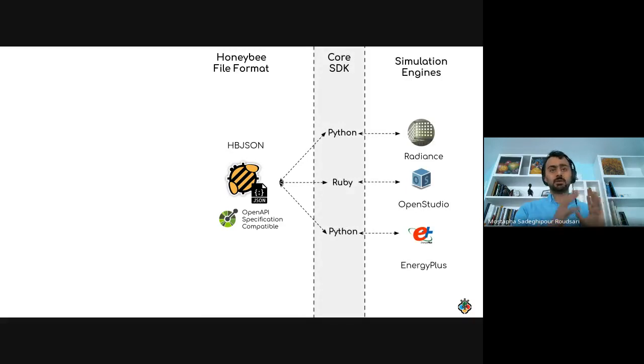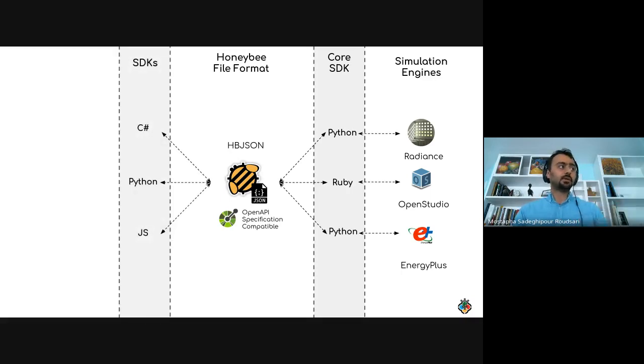One, for HBJSON, we have already developed the scripts that take HBJSON and generate Radiance format, OpenStudio, and EnergyPlus, right? So you get OSM, you get IDF, you get RAD, and actually you get gbXML too. The other thing is, because we use the OpenAPI specification, we can auto-generate SDKs in different languages.